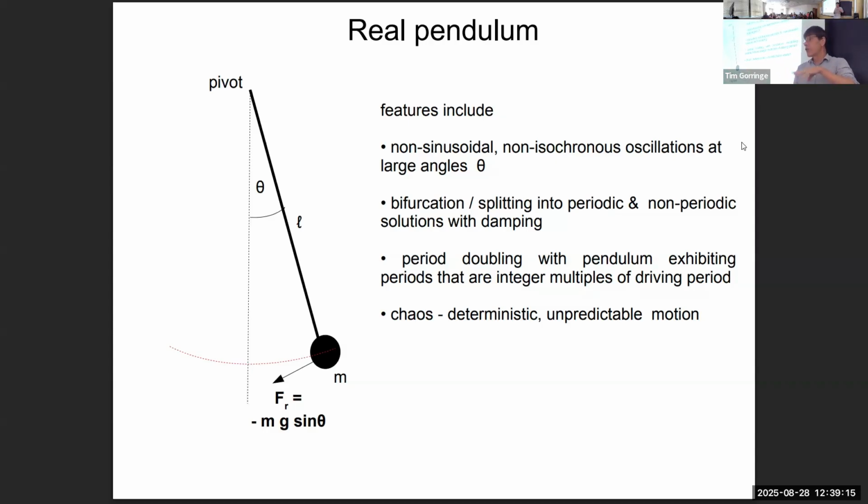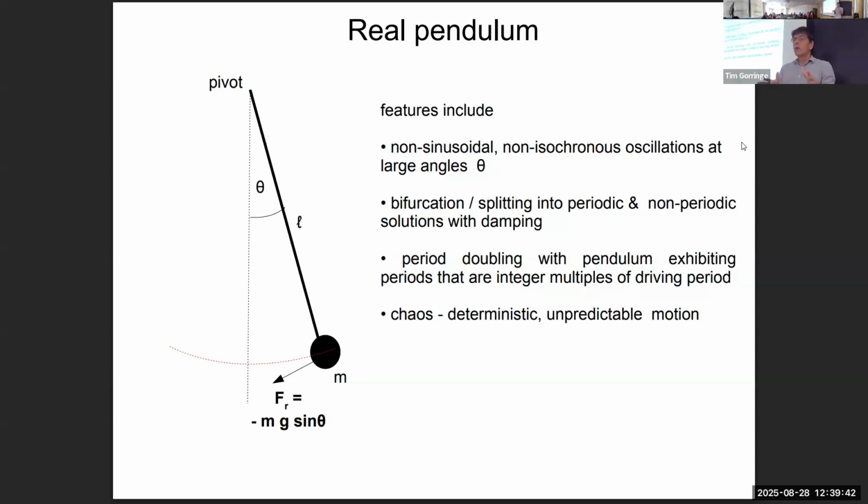That's called period doubling, where in addition to the driving period, you see a pattern of other periods in the motion of the pendulum, which are 1, 2, 4, 8 times the period of the driving force that's pushing the pendulum. So that's a very interesting effect. You have to explore that numerically, computationally. You can't explore that analytically.